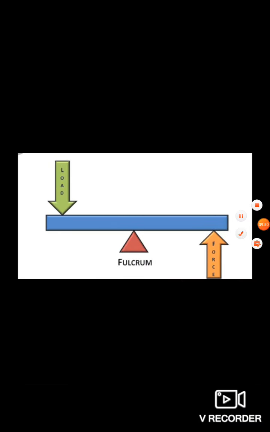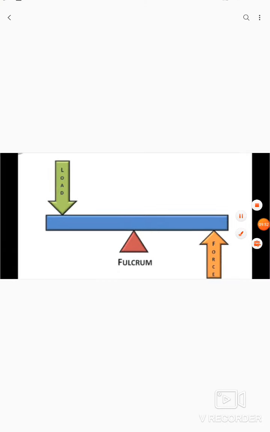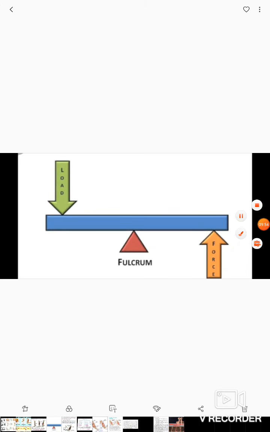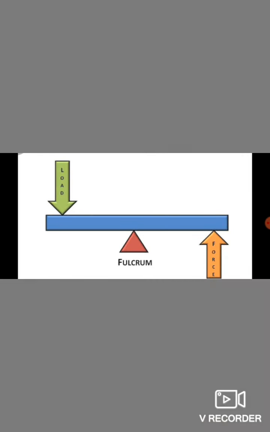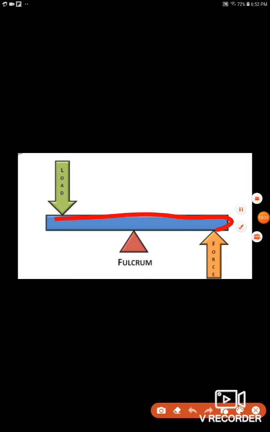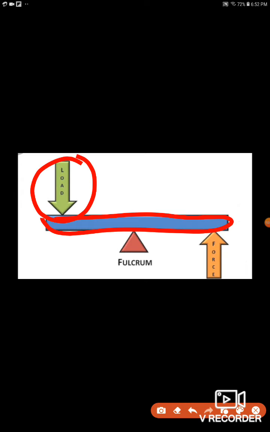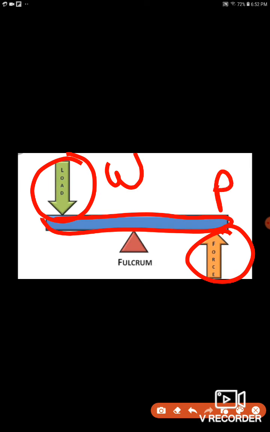See here, for example, this portion is called the lever arm. The load which we are taking is the weight, and the force which we are applying is the power here.